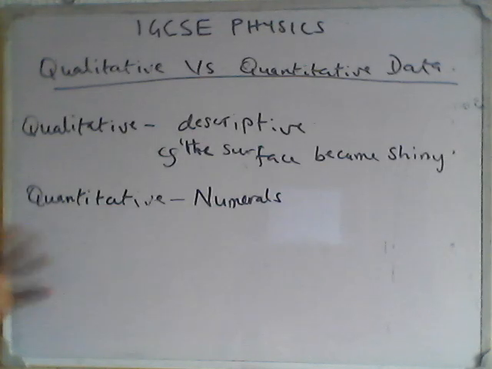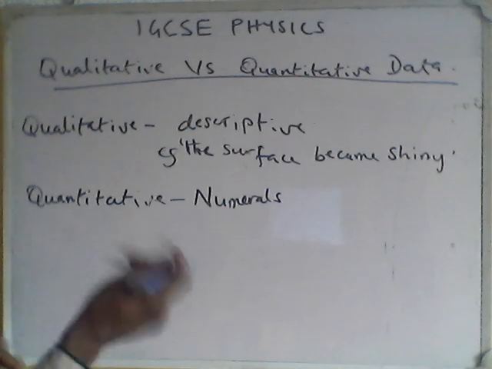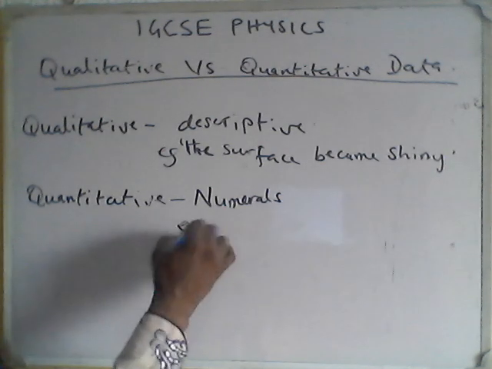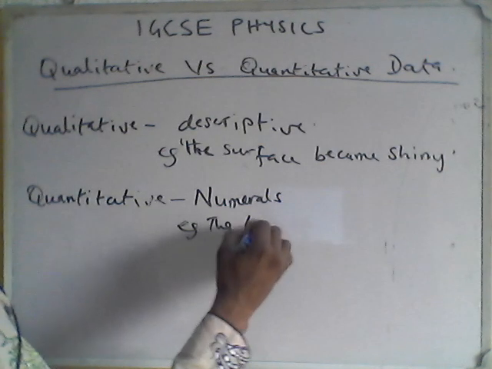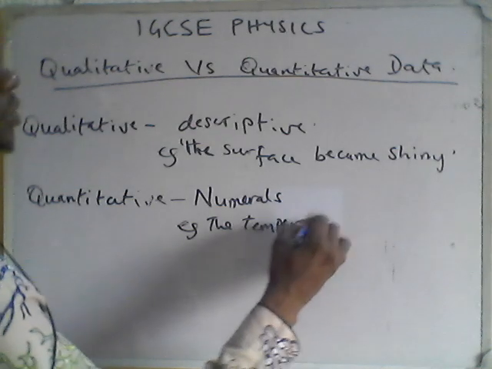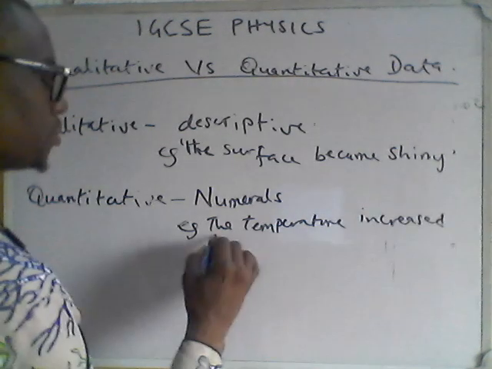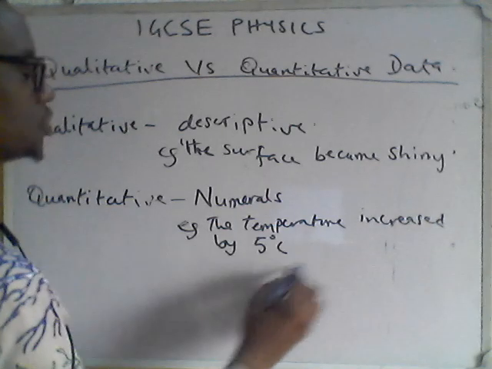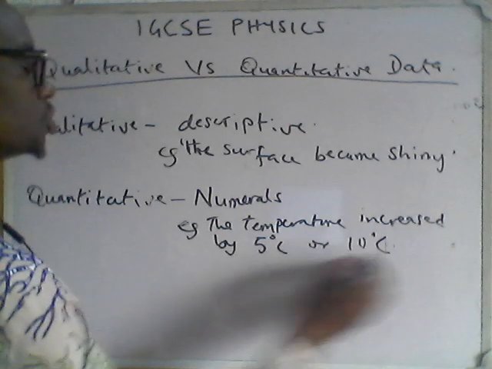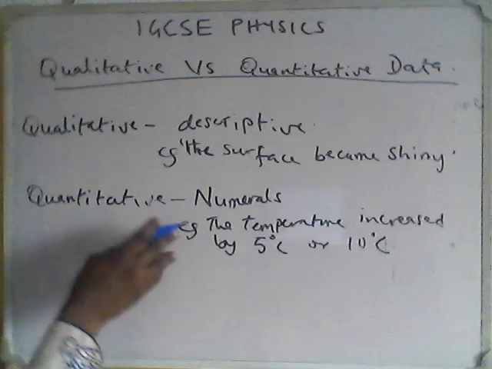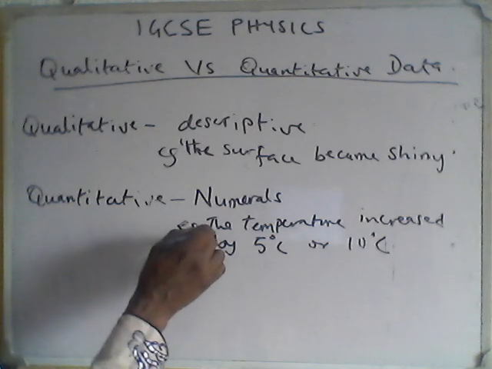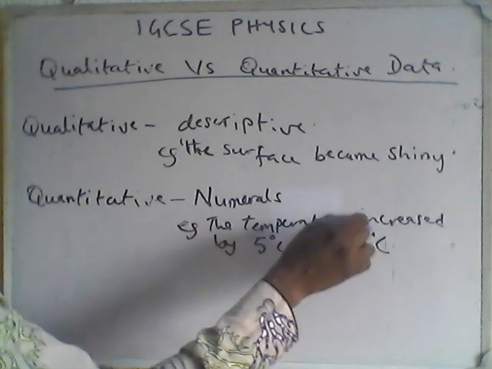So numerical is under quantitative. So e.g., the temperature increased by 5 degrees Celsius or 10 degrees Celsius. Note that quantitative is not you writing this in language, the temperature. You understand?